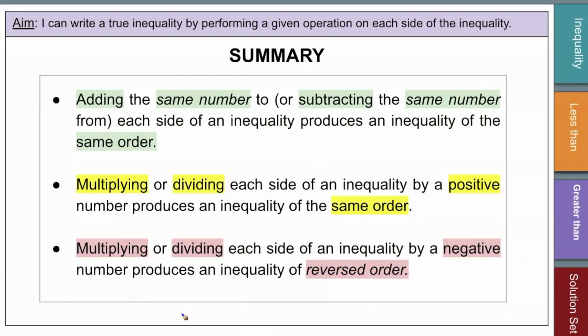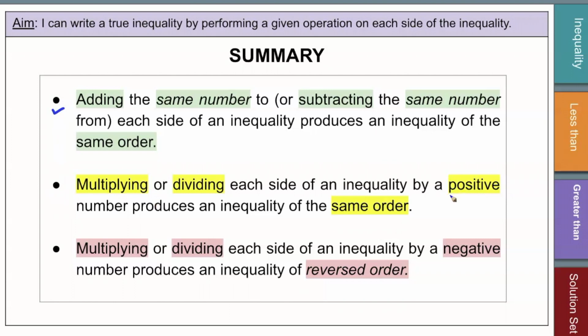Let us now summarize the properties of inequalities when we perform a given operation on each side of the inequality. We learned from examples that adding the same number to or subtracting the same number from each side of an inequality produces an inequality of the same order.